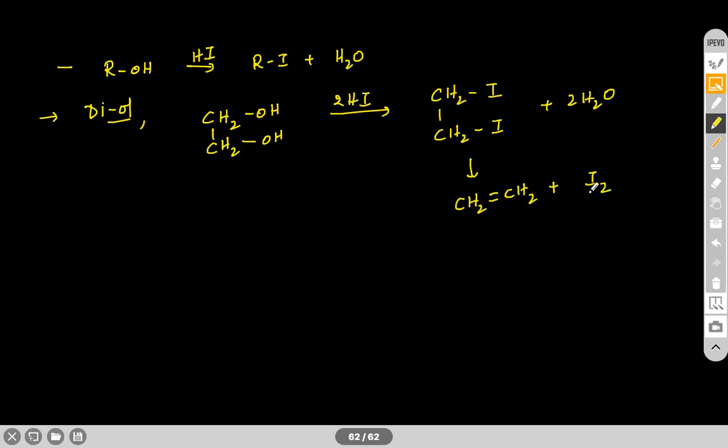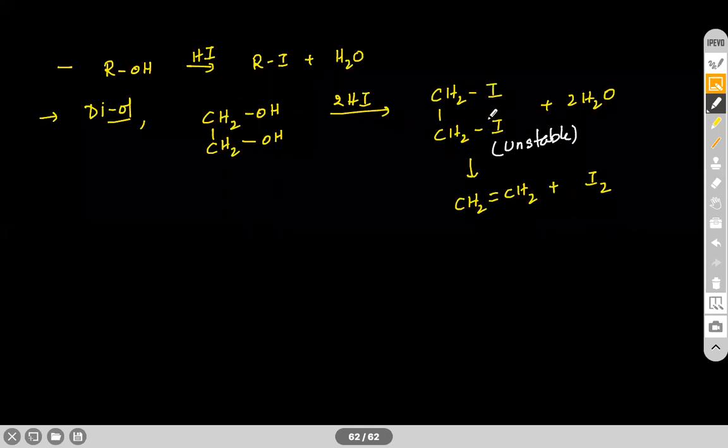It is again a different kind of compound. So you must keep this in mind. This compound is unstable. If an iodine atom is present at the adjacent carbon atom, it is a bit unstable, right? And that is why the I2 molecule goes out and forms an alkene.